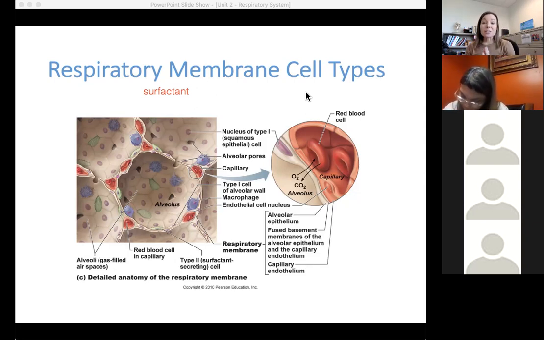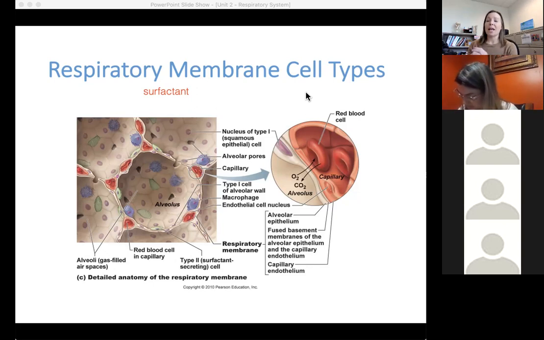Okay, so that's a very, very important substance. Surfactant coats the alveoli and reduces surface tension. To know why that's important, let me tell you what surface tension is. There's a place for a definition right here in your outline.